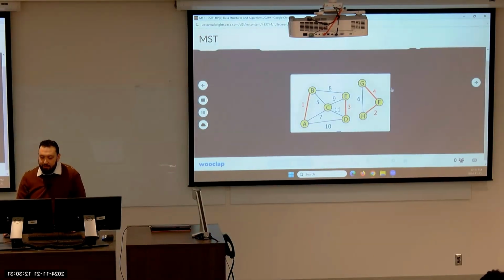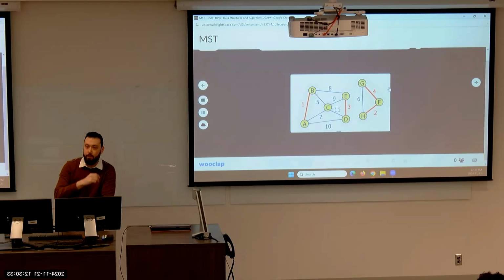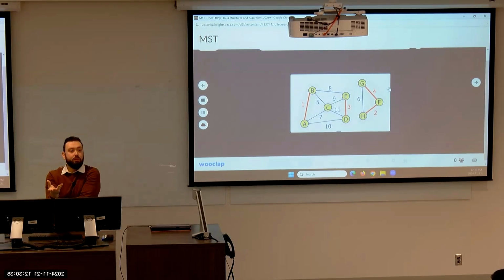So what is the next one here? Looking for the minimum edge, the edge with the minimum weight.